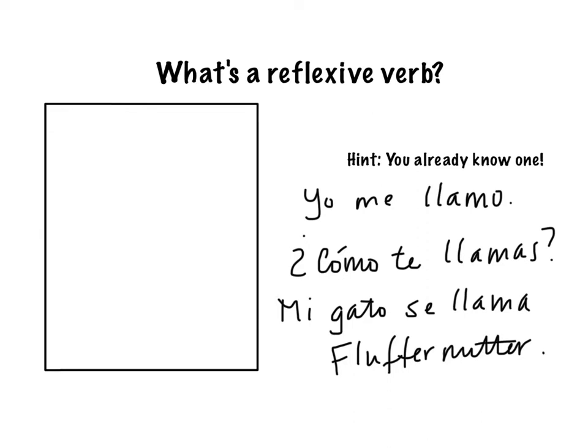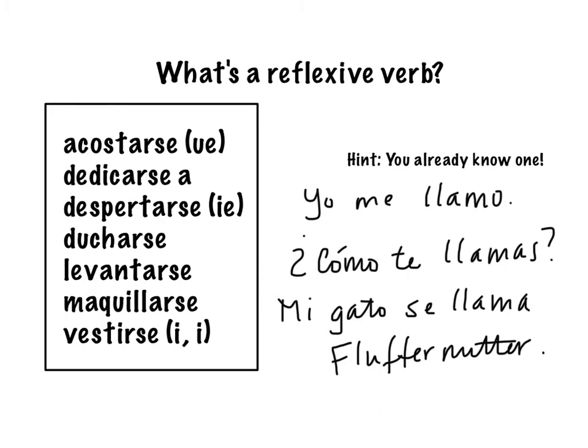So these are actually reflexive verbs. I call myself whatever my name is. What do you call yourself? See, you were using a reflexive verb all along and didn't know it.